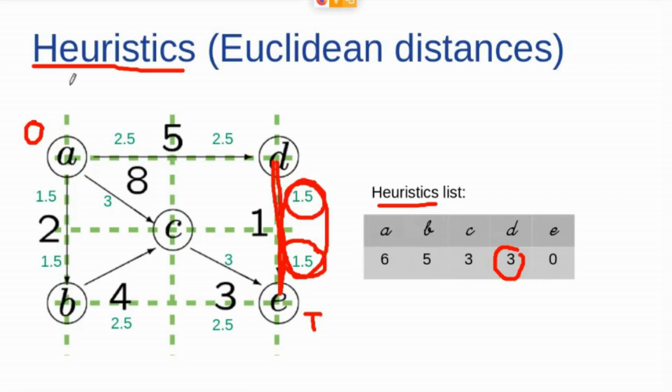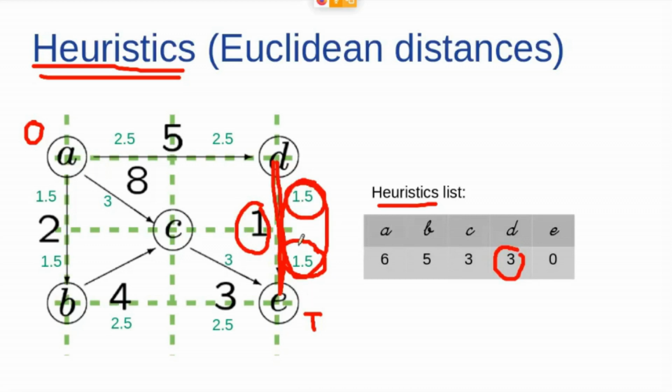That's the value of the heuristics, right? But the real cost when going from D to E is 1, right? This is an undesired situation because the real cost is lower than the heuristics, right?